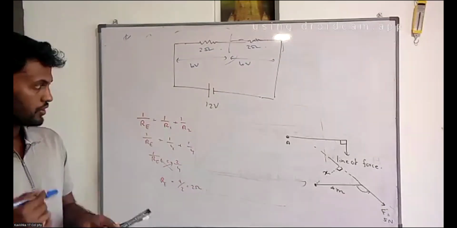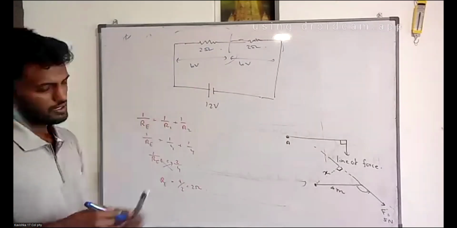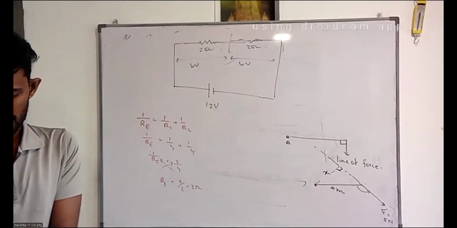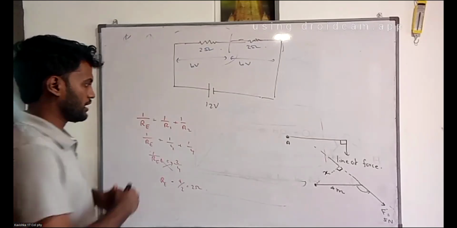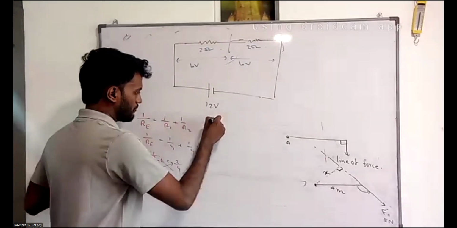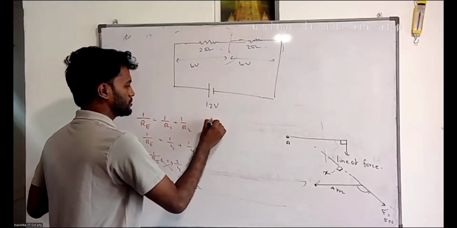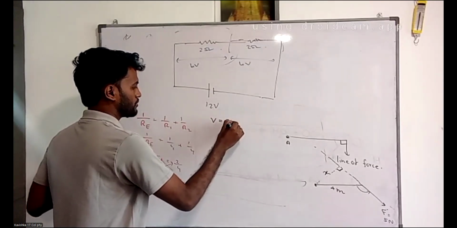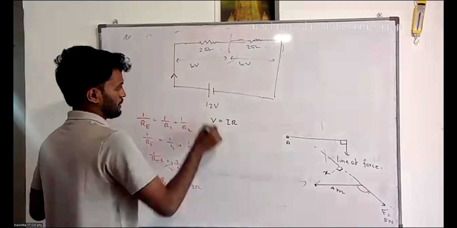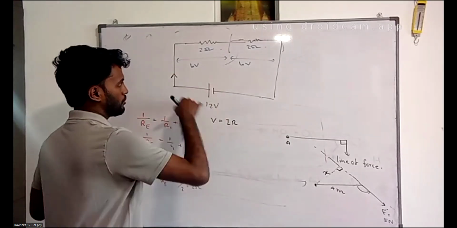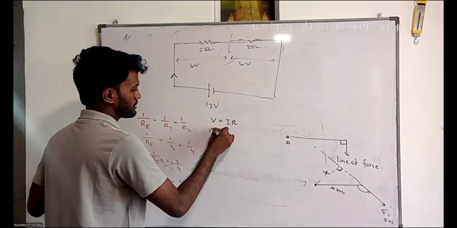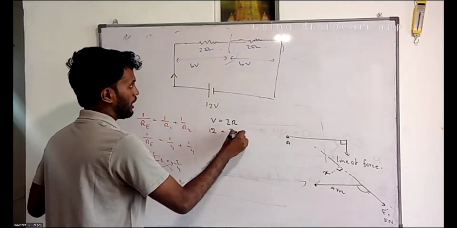If not, you can find the I here. If this is an essay question, you can't answer like that. We have to find the I value. How do we find I? We need to use V equals IR for the total circuit. The total voltage is 12 volt, and R is 4 ohm.